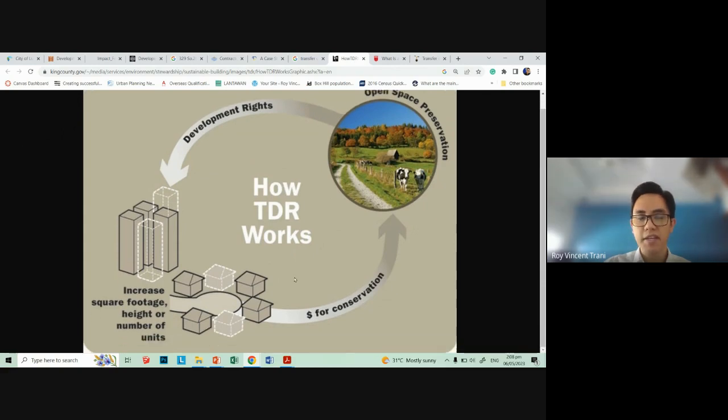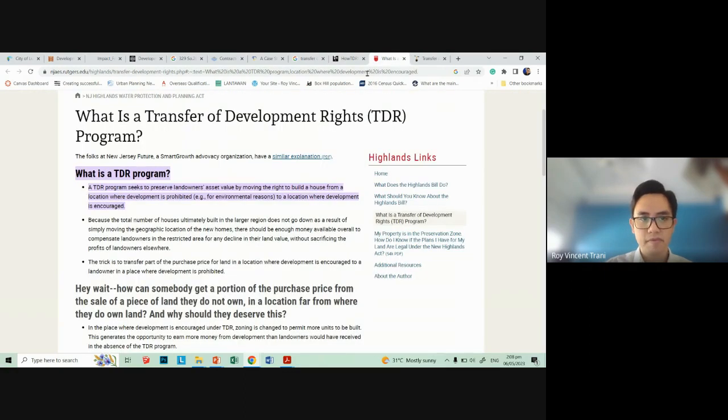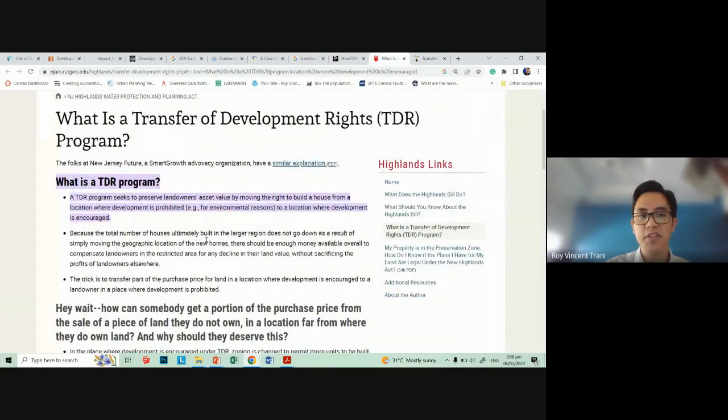So basically, the built up areas or the governments in the built up areas pay for increased development rights. So they can build taller in their area, so they don't need to build in the open space preservation. So here are some other definitions that are a bit easier to digest.